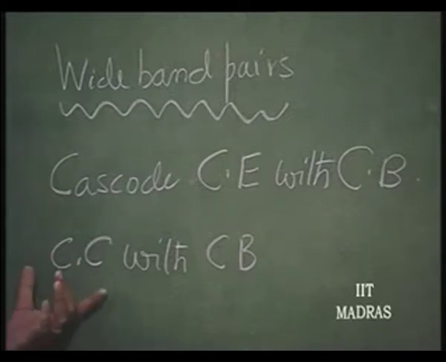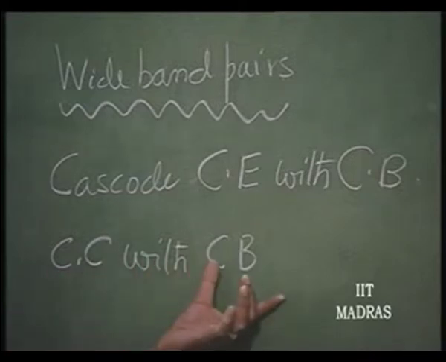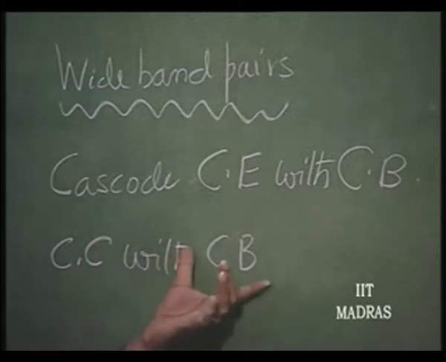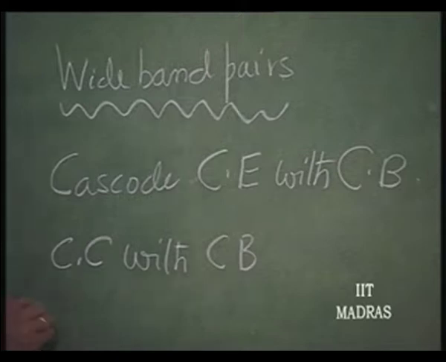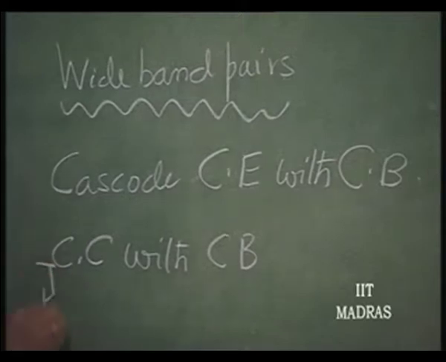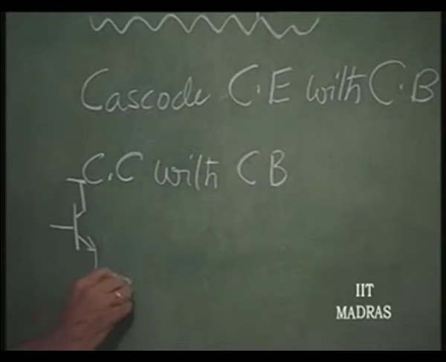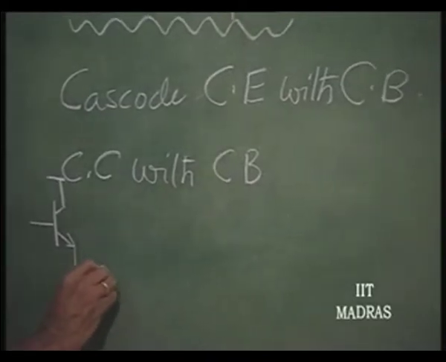This is a feedback structure we have understood, complete voltage feedback, this is complete current feedback, both of which are wideband structures by themselves compared to common emitter. So, common collector, that means collector is grounded with common base.